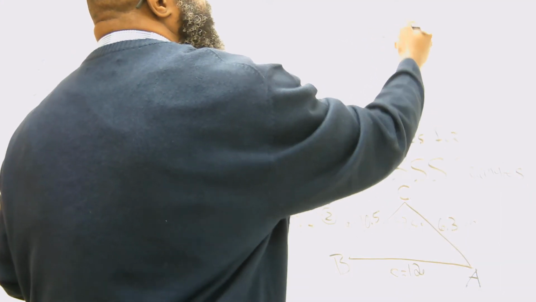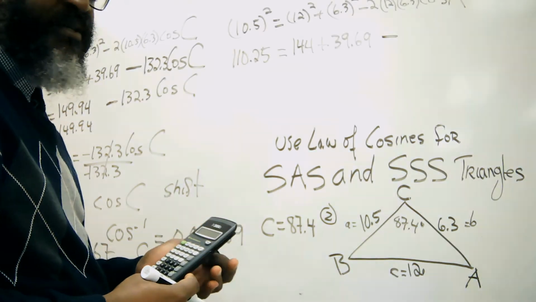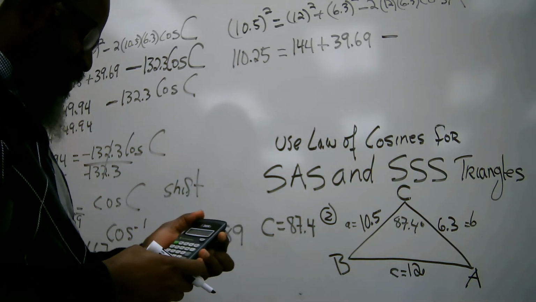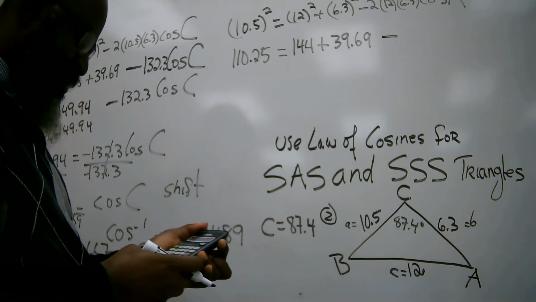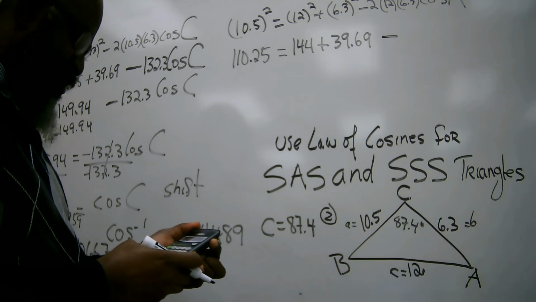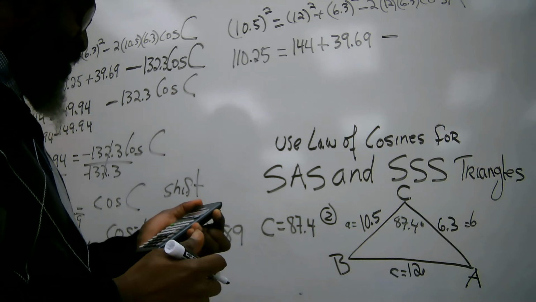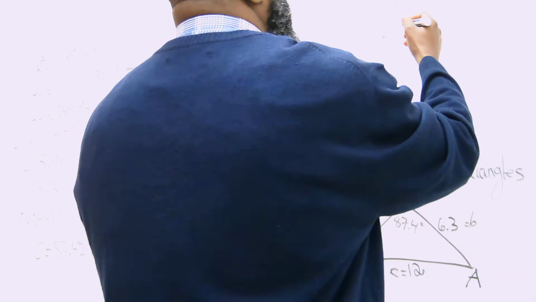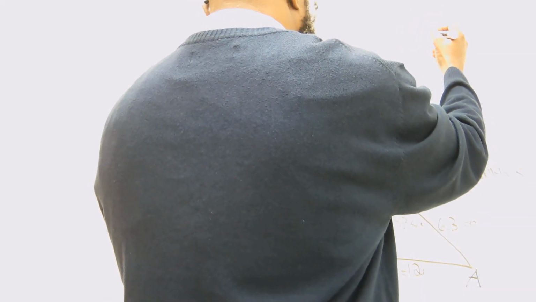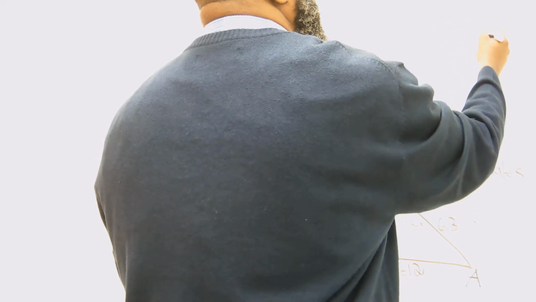Now I'm going to multiply those numbers. I will have 12 times 6.3 times 2 but negative. That's going to give me negative 151.2 cos A. Remember, this is 110.25.